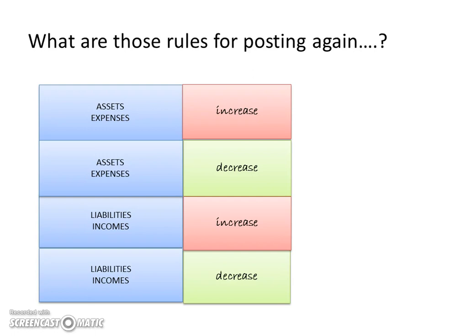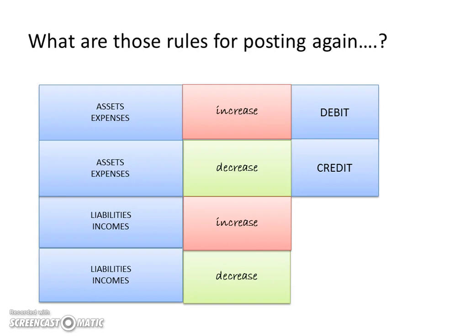So let's hear those rules again. If assets or expenses increase, what do we do? You debit. If those assets or expenses decrease, then you credit.